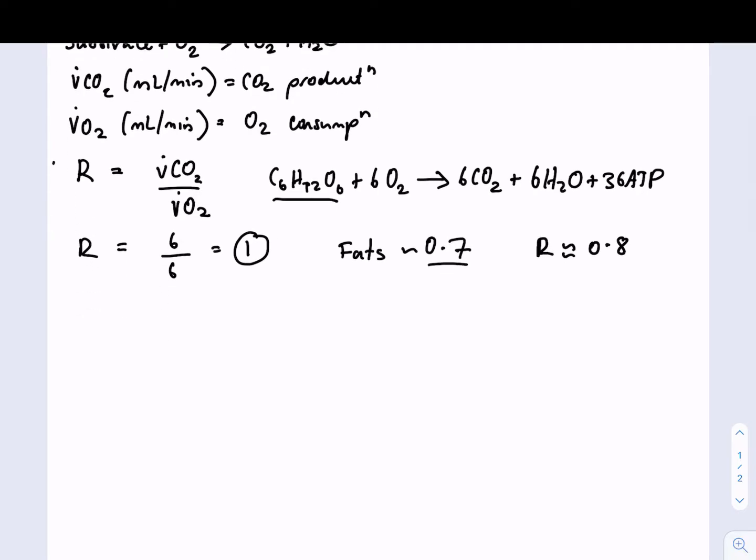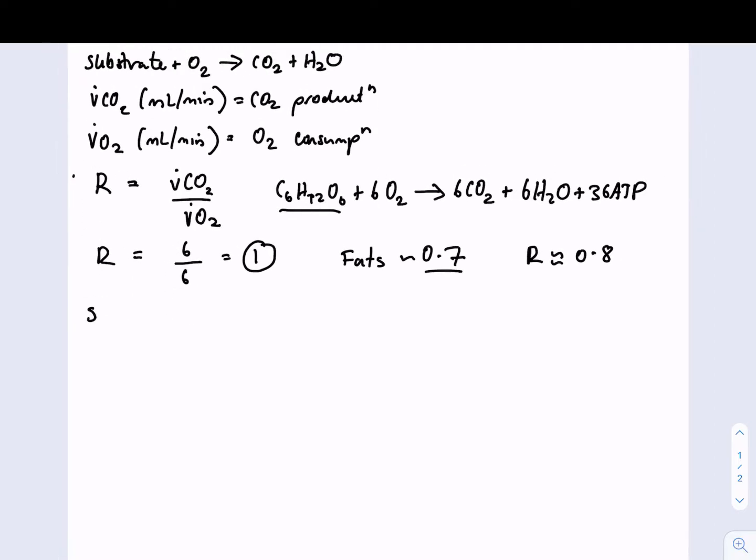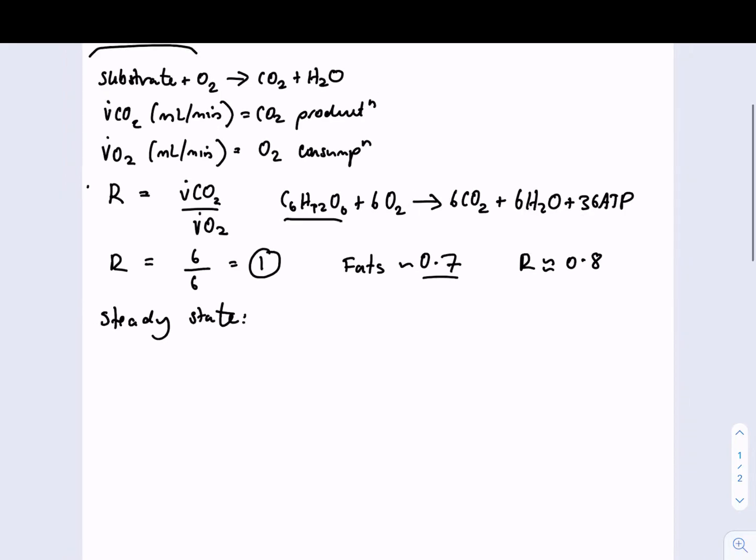Another principle I want to illustrate is steady state. Now in steady state, what this means is the body is in a state whereby what is produced is equal to what is eliminated.